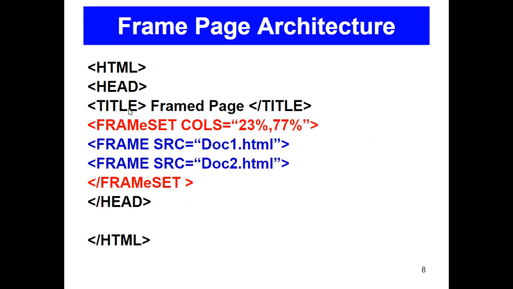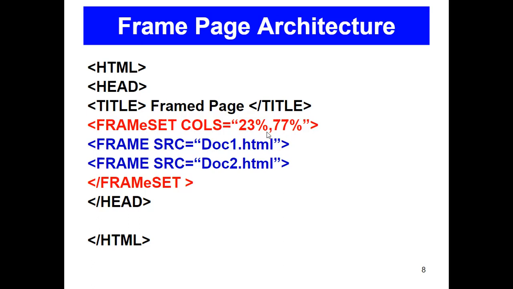After the head, we have given the title of the page, and then before closing the head tag, we have given the frameset tag, and frameset is having the column attribute. The frameset tag will contain the frame tags, means frameset with the help of column or row attributes will divide the main browser window into sections.